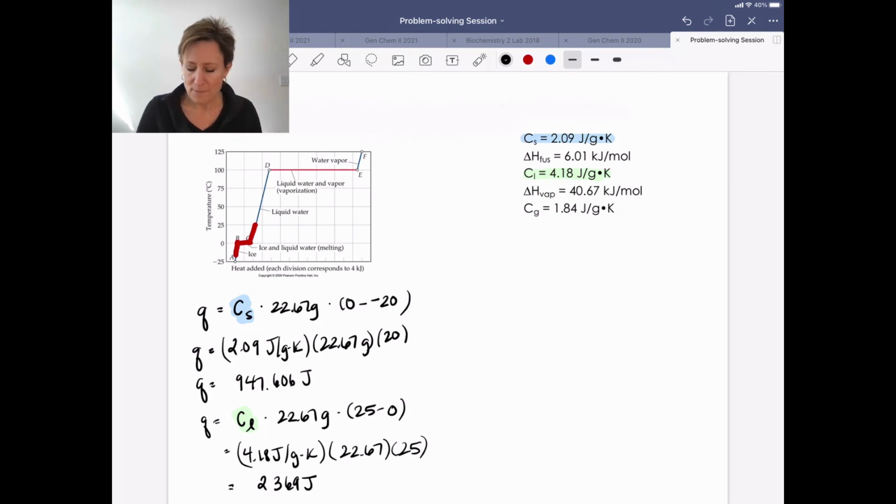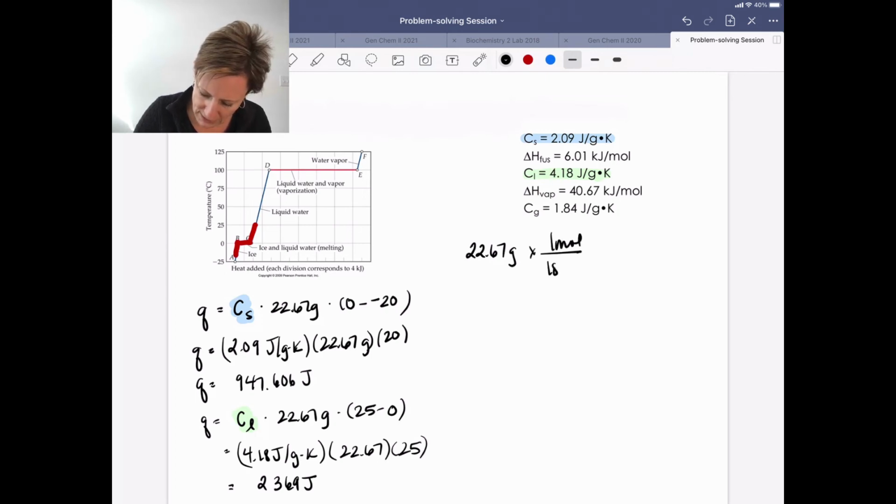Now the last calculation I'm going to need to do a little extra something for. I need to know the number of moles of water that I have. So 22.67 grams of water, and the molecular weight of water is 18.01 grams per mole. So I've got 1.2587 moles of water. Why that's important is I need to use the delta H for this melting process, which is the delta H of fusion.